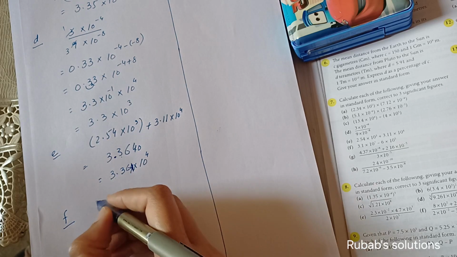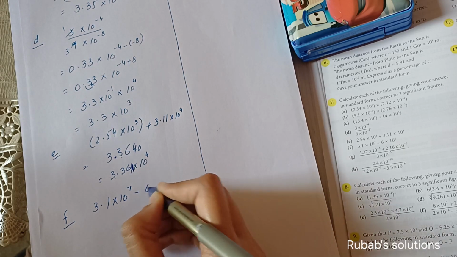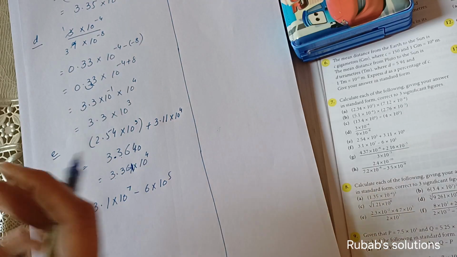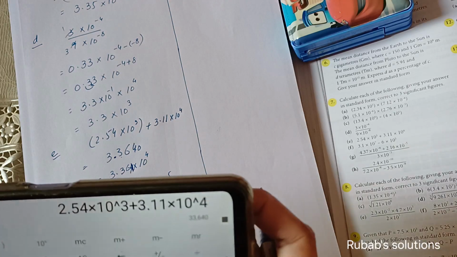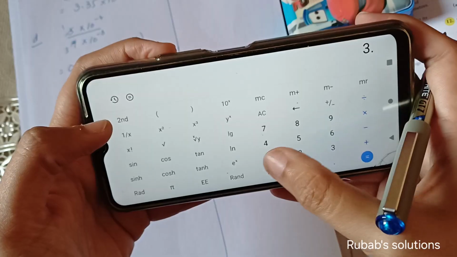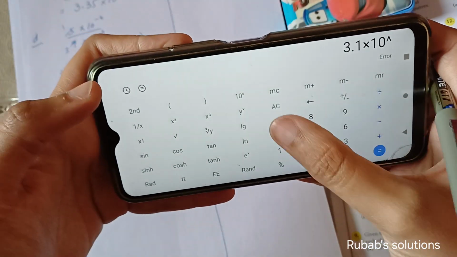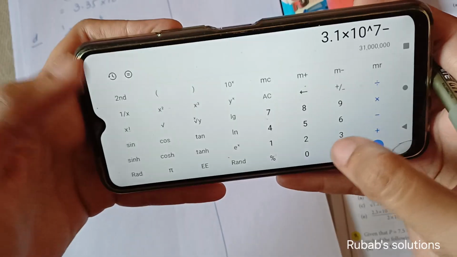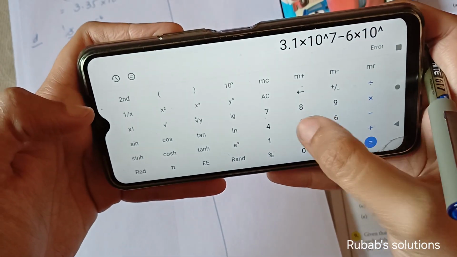Part F is 3.1 into 10 power 7 minus 6 into 10 power 5. So again we have to use the calculator, because there is a minus. Directly you can write it as 3.1 into 10 power 7 minus 6 into 10 power 5.